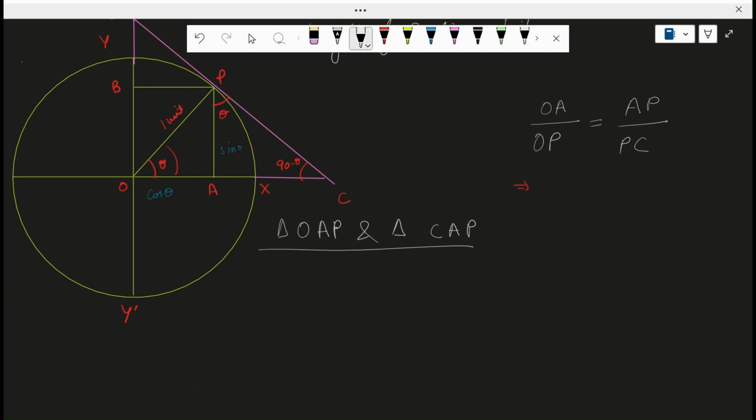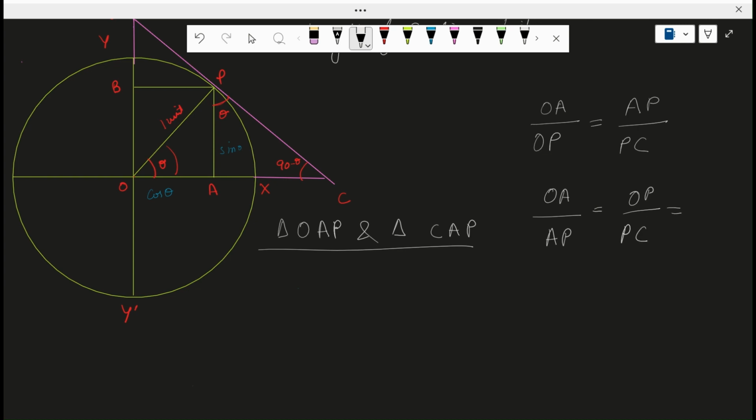Let us now write down the values. OA upon AP is equal to OP upon PC.